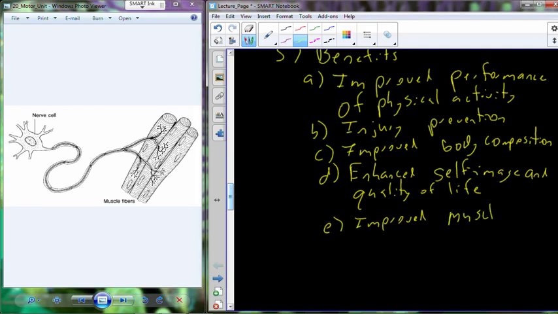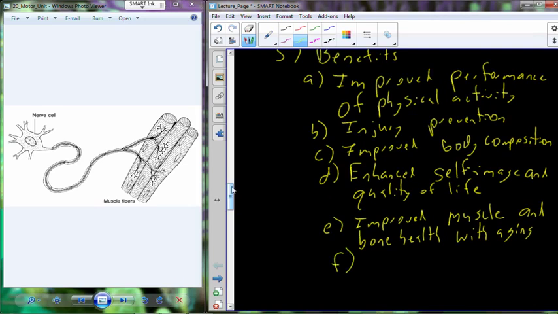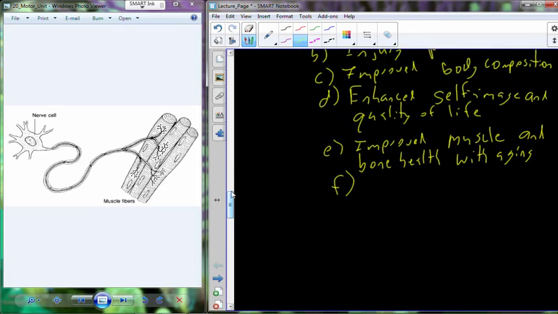As you age, you'll have improved muscle and bone health. And you'll also gain in your prevention and management abilities against chronic disease.